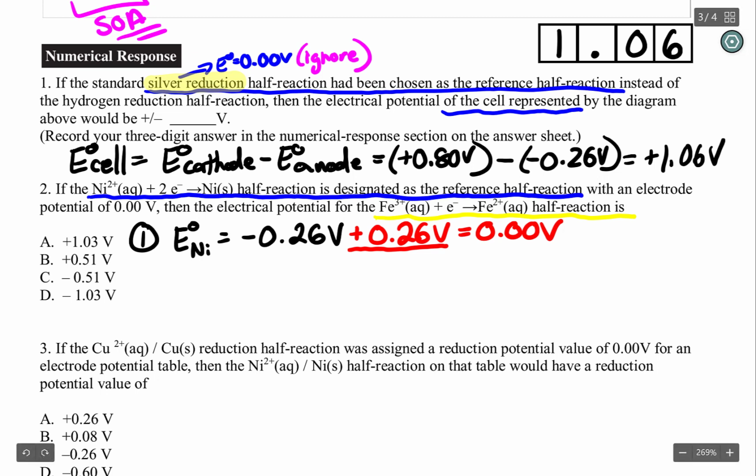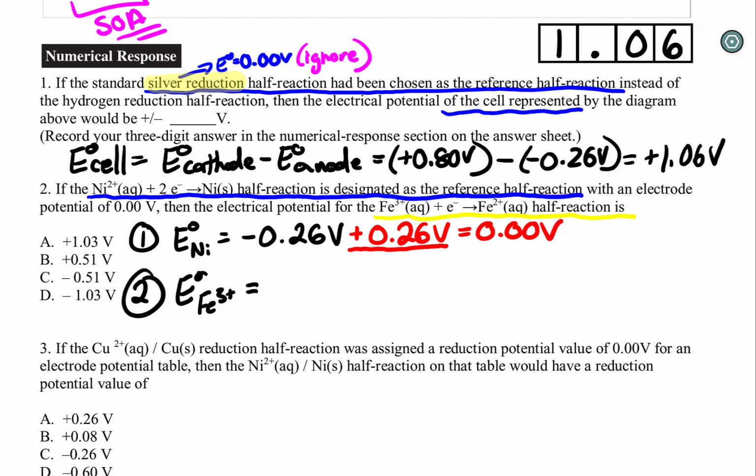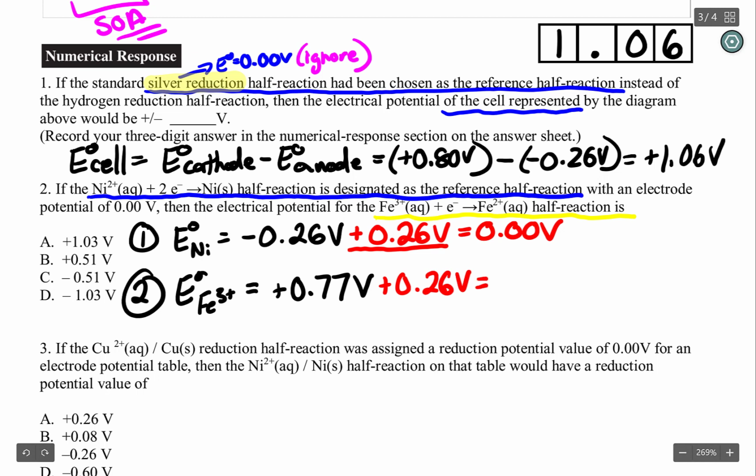So step number 2, I'm going to take the electric potential for the iron 3+ to iron 2+ half reaction. So I go to my table, I look it up, and it is at a positive 0.77 volts. I'm going to do the same mathematical operation to it. So positive 0.26 volts. And I get a voltage of 1.03 volts, which would be A.